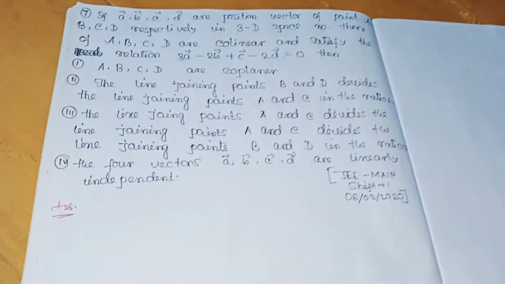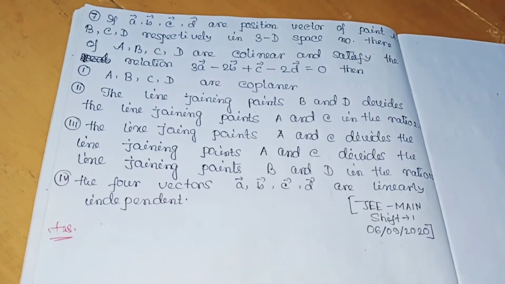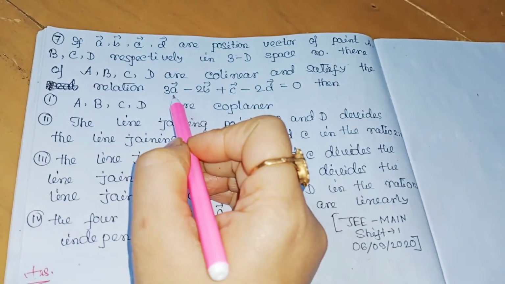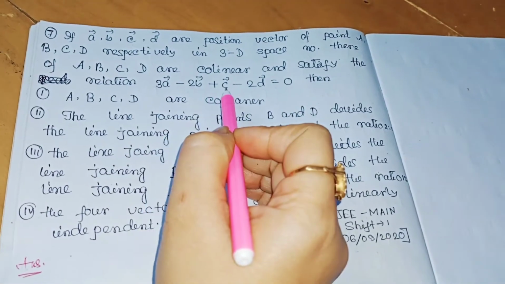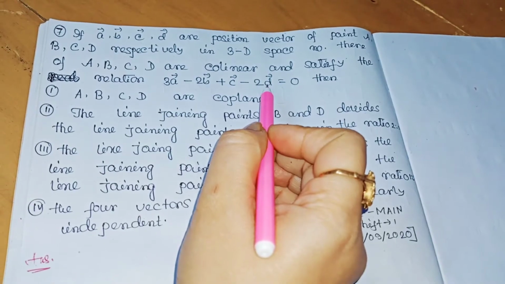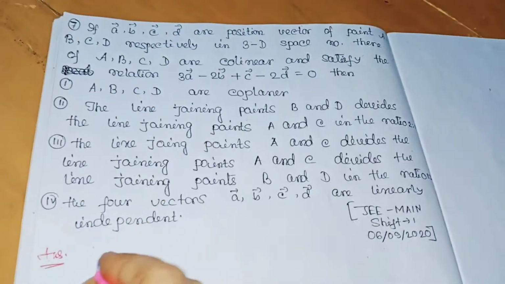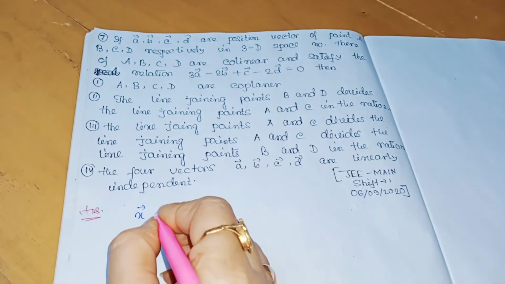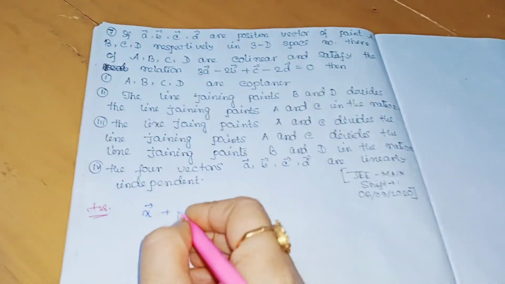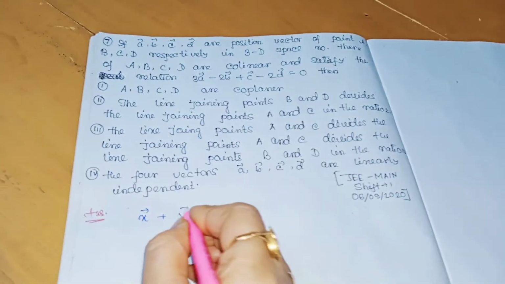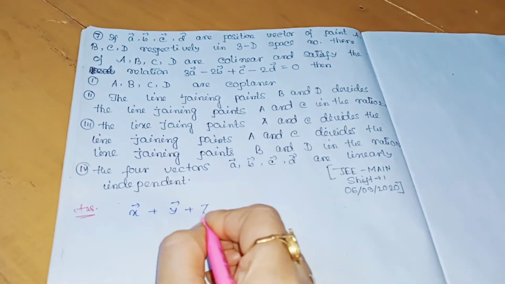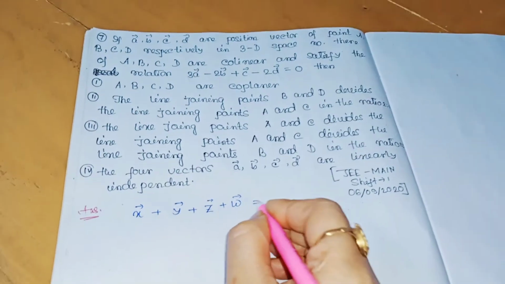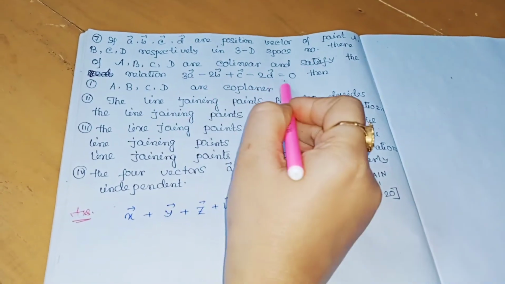At first, let's suppose this is x vector, this is y vector, this is z vector, and this is w vector. So x plus y plus z plus w is equal to 0, as this equation is equal to 0 here.